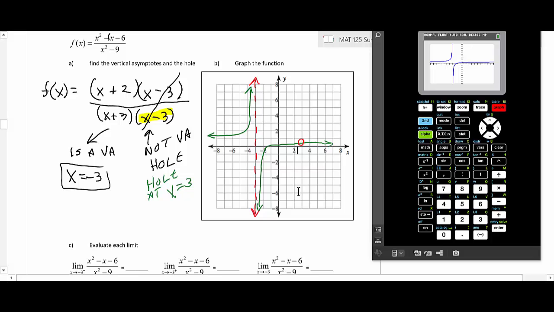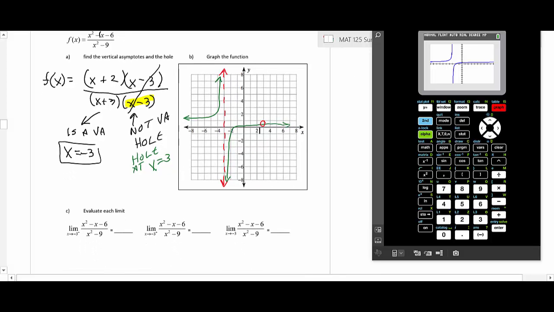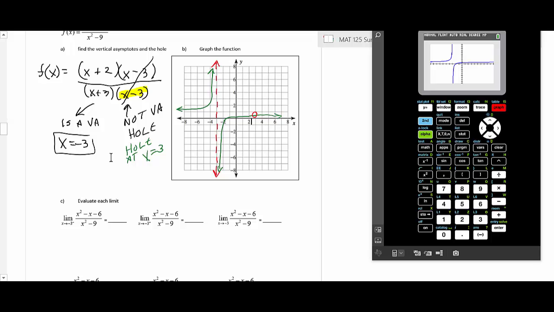So now we're ready to do the limit. Since we're in calculus, we're really talking about the limit. So let's watch this real carefully. What happens to this graph when x is negative 3? What's special about it? You have a vertical asymptote, right?